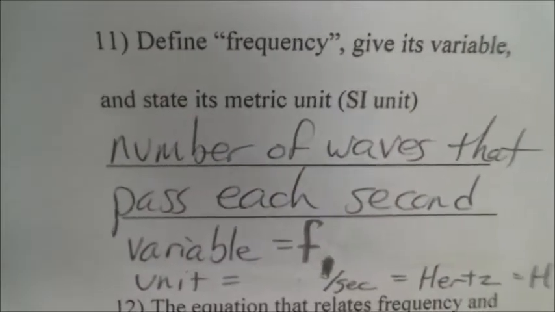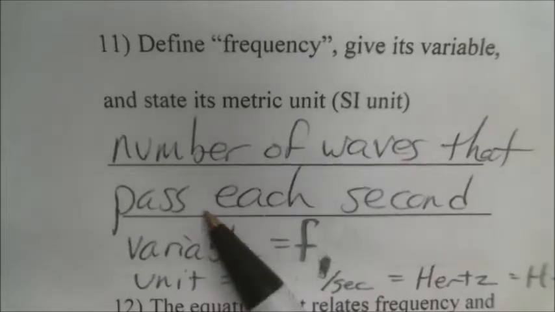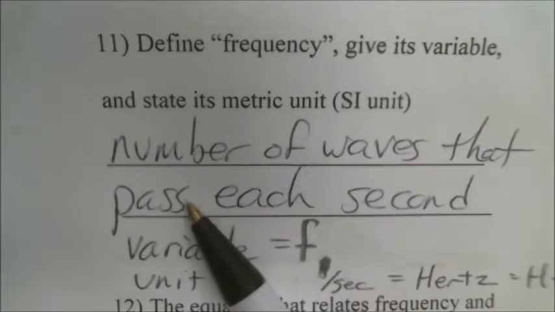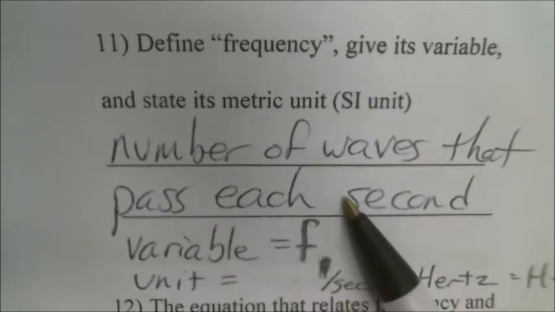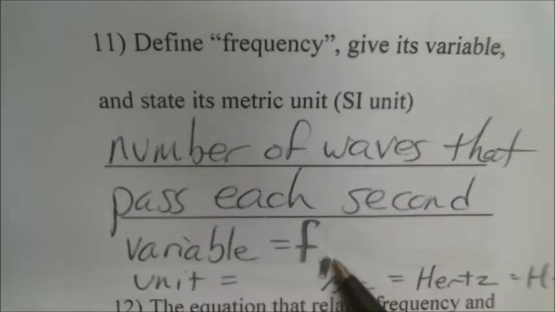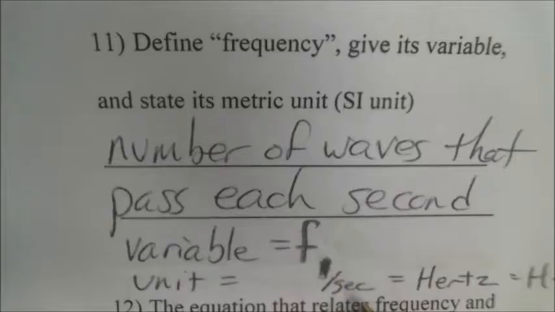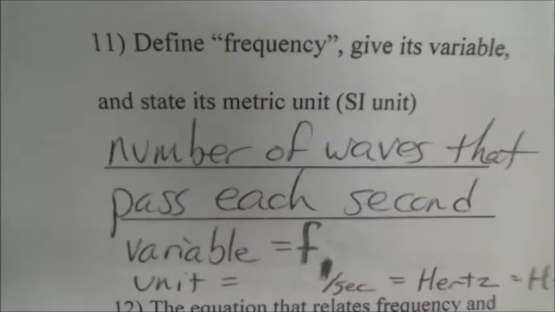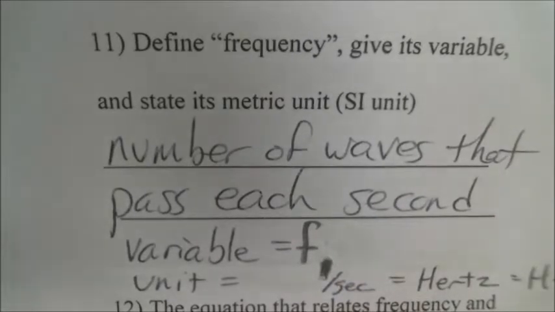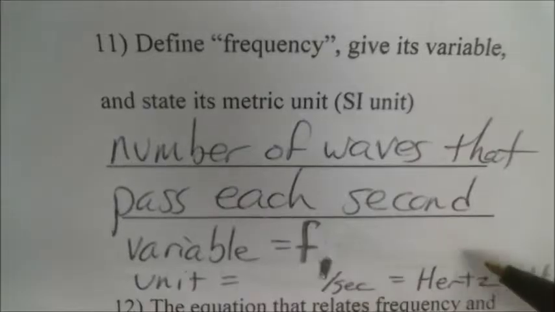Number 11. Define frequency and give its variable. State its metric units. We're going to define frequency as the number of waves that pass by each second. The variable is going to be a small letter f, and the unit is 1 over seconds. Sometimes you see this as the number of waves per second, and that's okay, but it runs into a few little problems, so we won't write it down here like that. It's just how many things pass by per second.